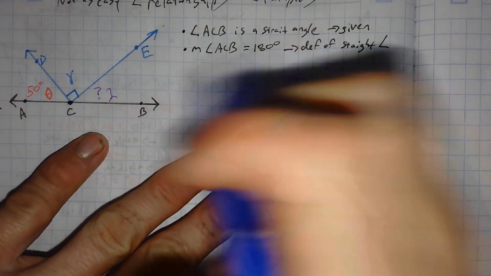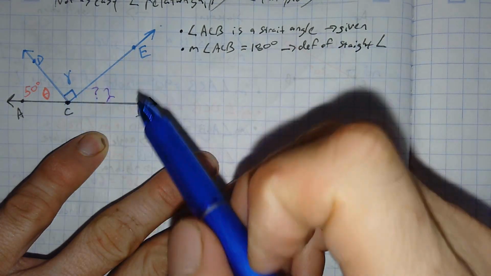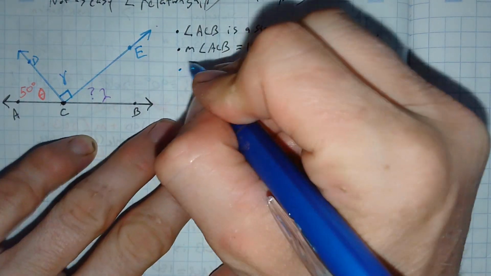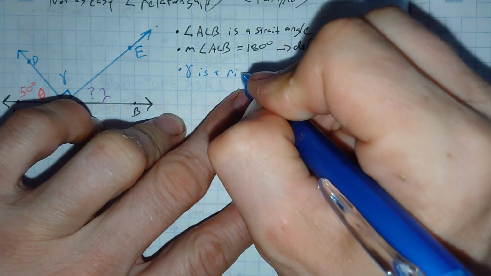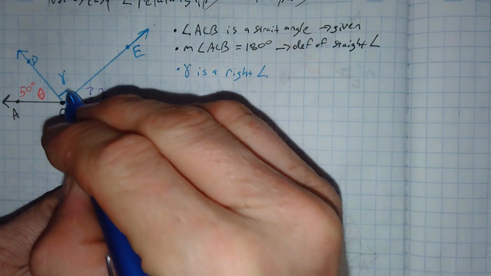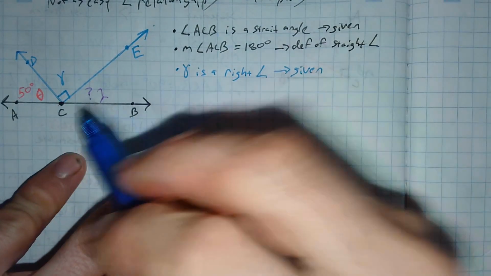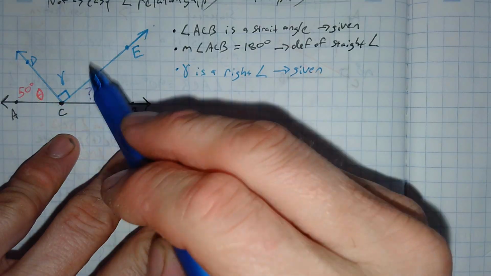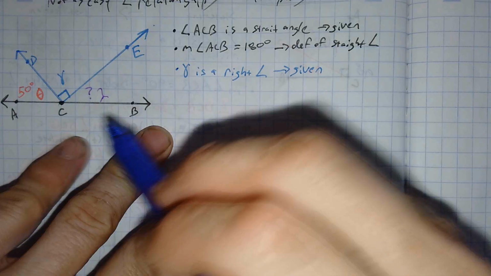Okay, and because I named angle DCE gamma, I'm just going to call it gamma. So I'm going to say that gamma is a right angle. How do I know it's a right angle? Well, it's got this cool little symbol right here that indicates to me it's a right angle. That was given to me. You cannot assume that this is a right angle unless the little perpendicular square symbol is there.